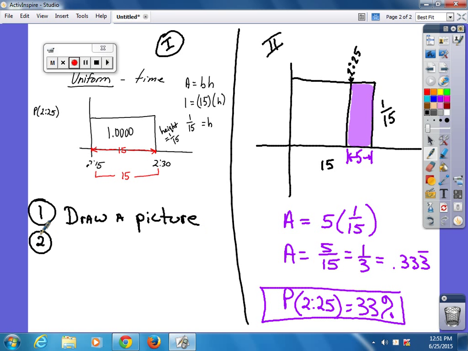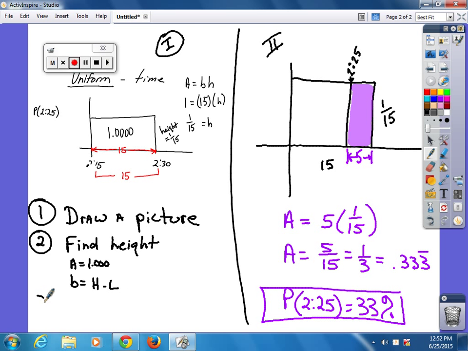Step 2, find the height, based on the area being equal to 1.000, and to find the base, that's going to be your highest minus your lowest. And that's your 15.